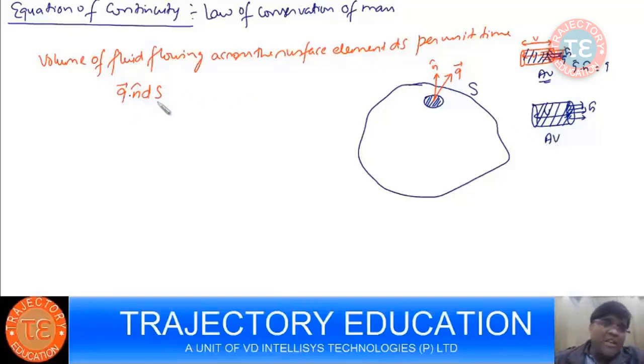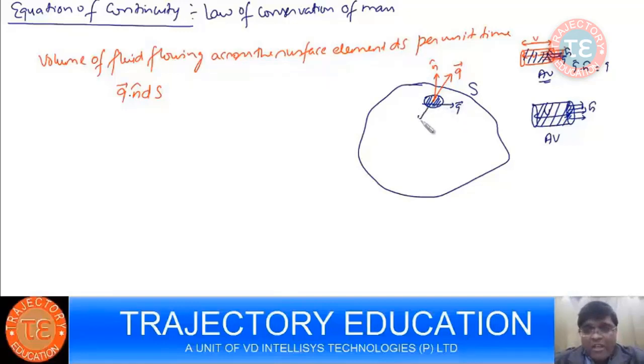But in general I can't write this, because q may not always lie in the direction of n. Suppose the fluid is flowing parallel to the wall of the surface. In that case the fluid is neither going in nor coming out, it's flowing parallel, and q dot n becomes 0.